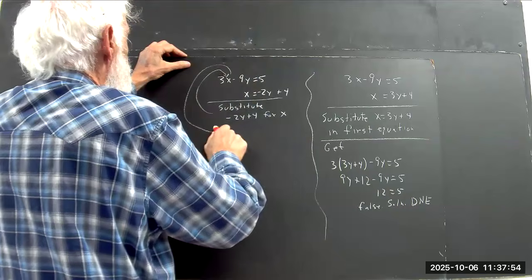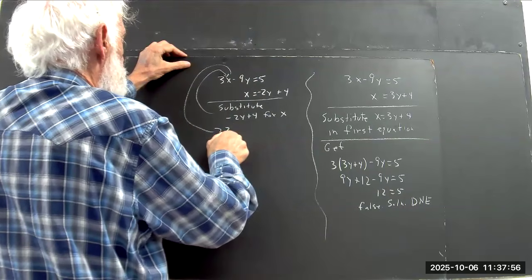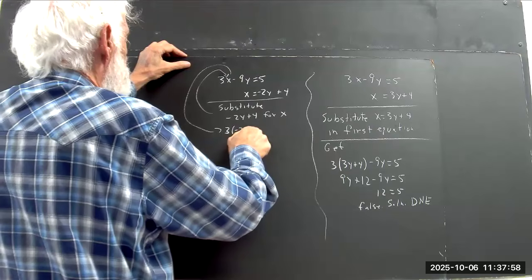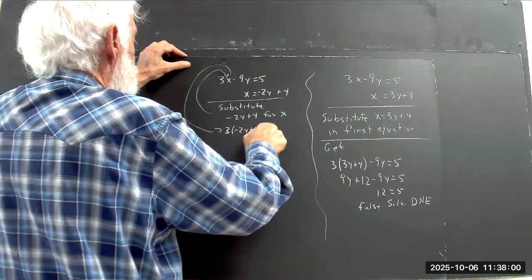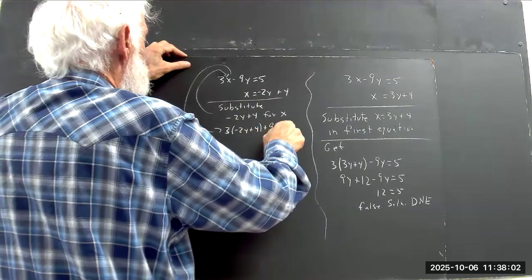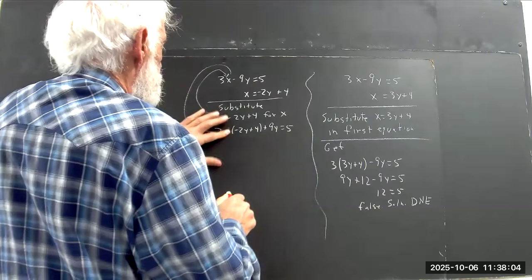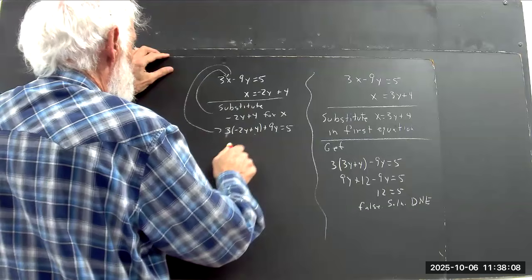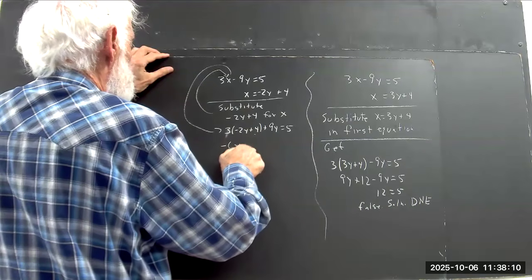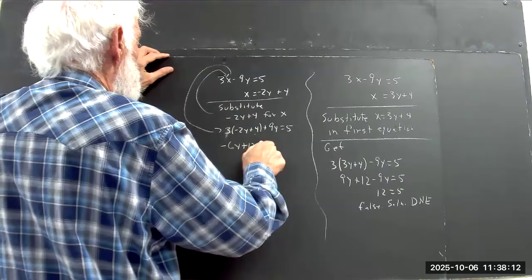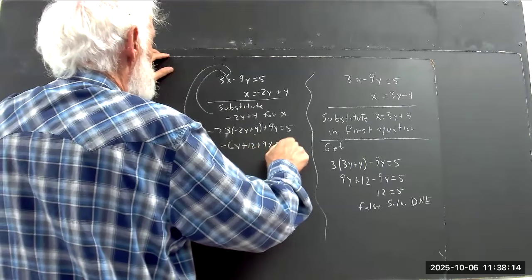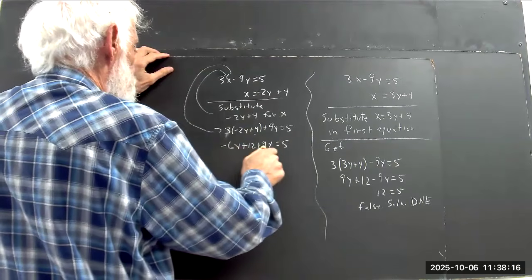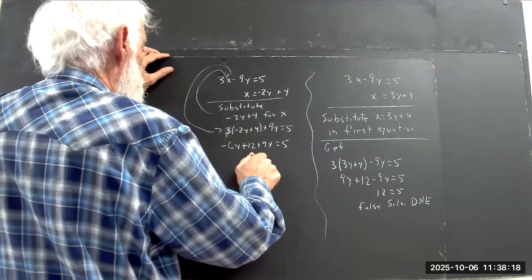What do we get? The equation that we get is 3 times negative 2y plus 4 plus 9y equals 5. Multiply through by the 3, we get negative 6y plus 12 plus 9y equals 5. Negative 6y and 9y gives us 3y.